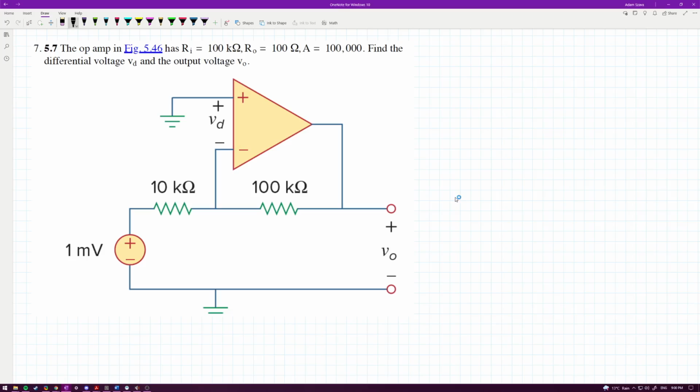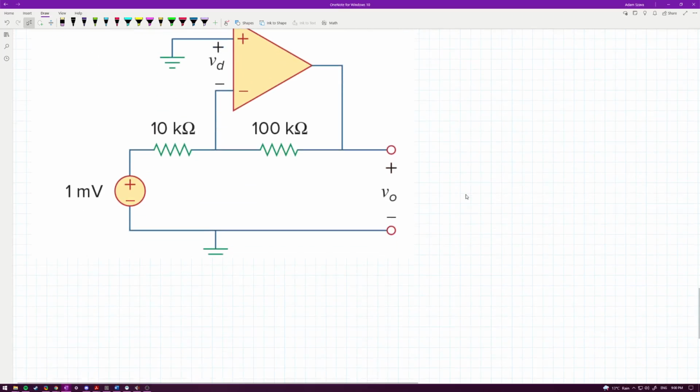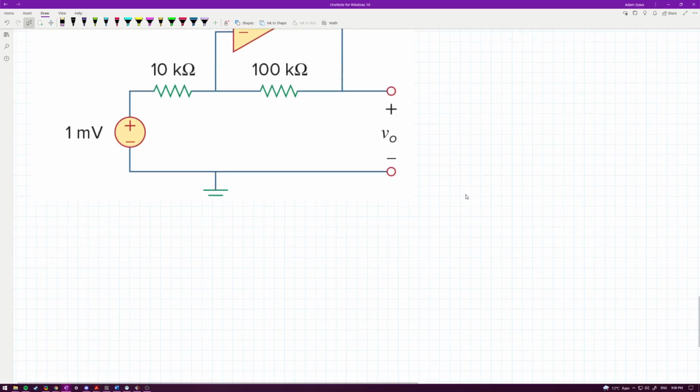Okay, I guess I have to turn this into the non-ideal op amp with the resistors and everything, so I'll do that first. So plus minus, this is 1 millivolt. Then we have a 10 kilo ohm resistor.